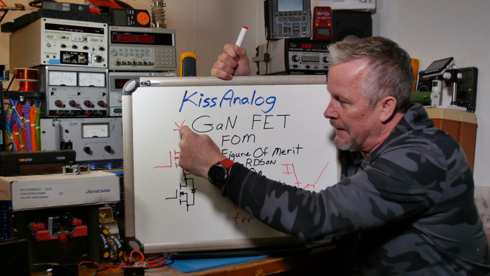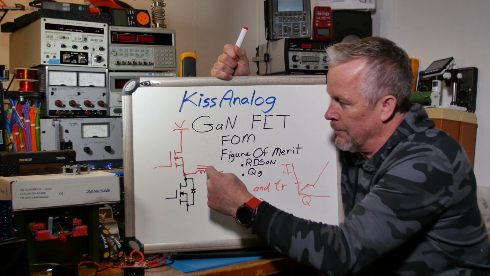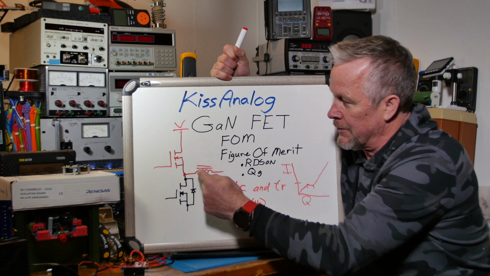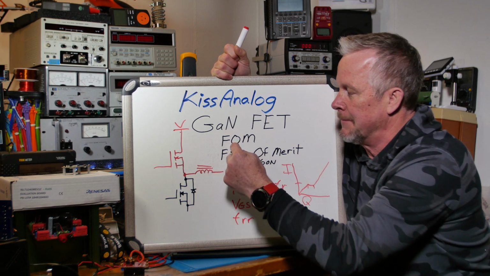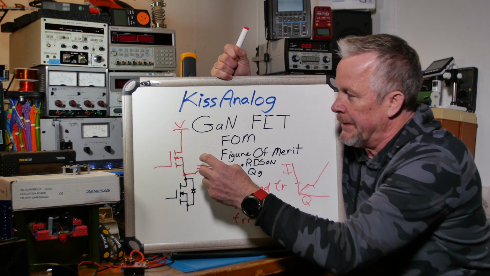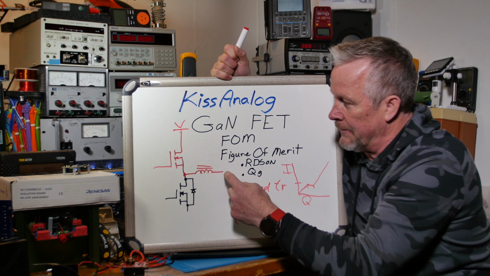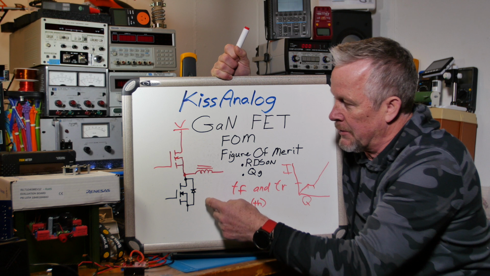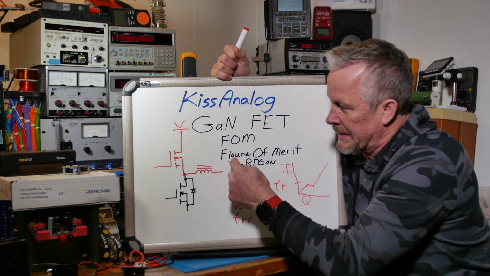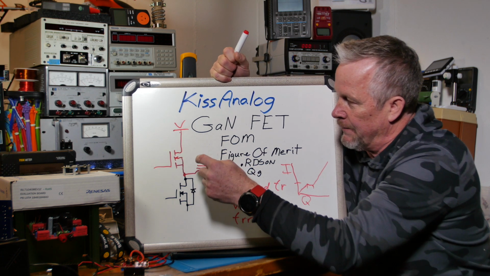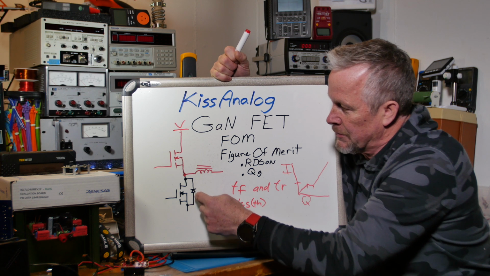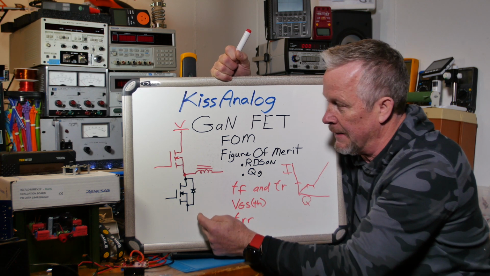We turn this guy on and allow current to flow through the inductor, and it ramps up in the inductor, and then we turn it off. Then it's going to start ramping down, but the current has to keep flowing, so it wants to keep coming this way. This guy's turned off, so the current flows through this body diode and the FET.